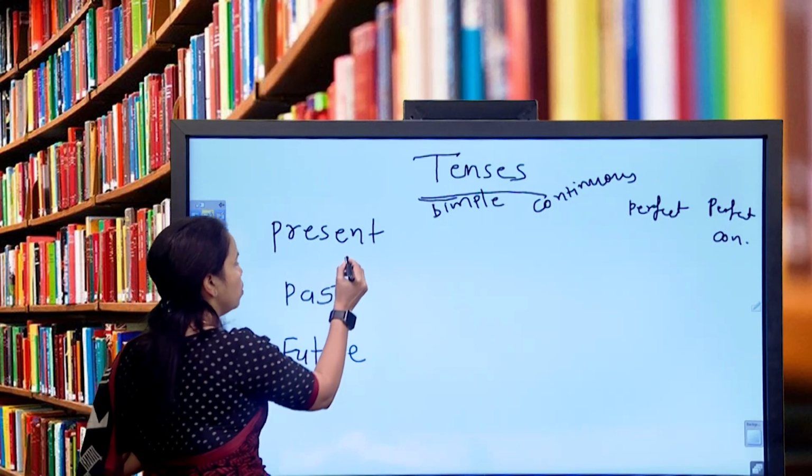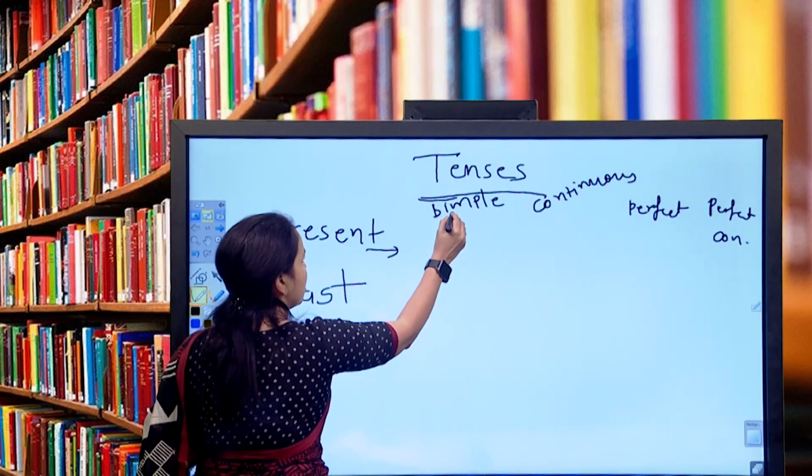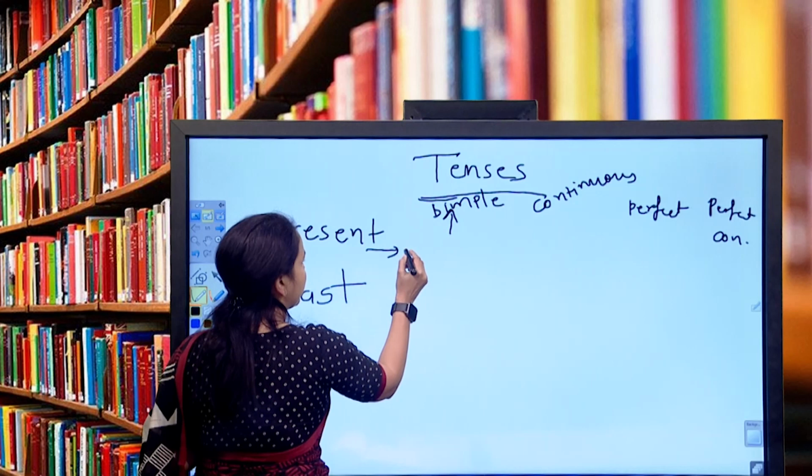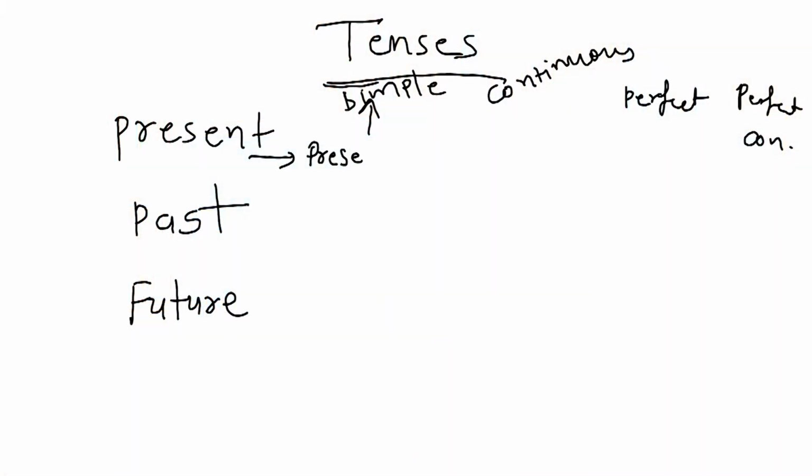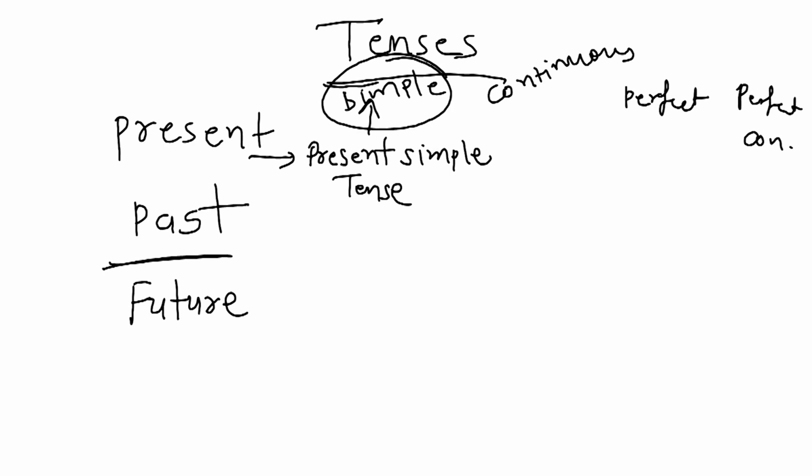Now present time and simple aspect combine to make the present simple tense. In the same way, past time and simple aspect combine and make the past simple tense.